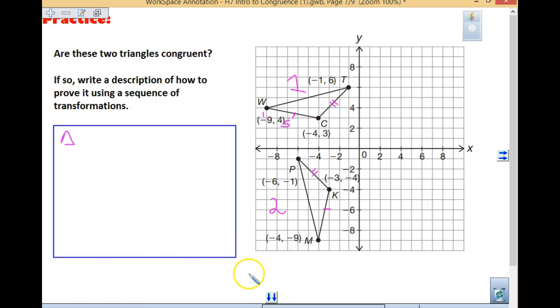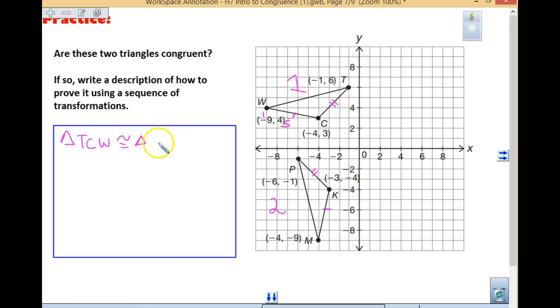I heard a lot of you say 90 degrees counterclockwise. So let's start. What do we want to name the triangle, Jacob? The first one. Name it with letters. Say it one more time. T to C to W. And we think that that is congruent.